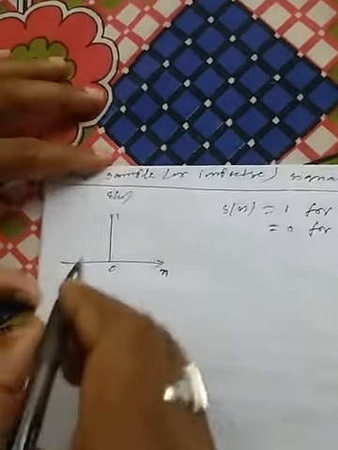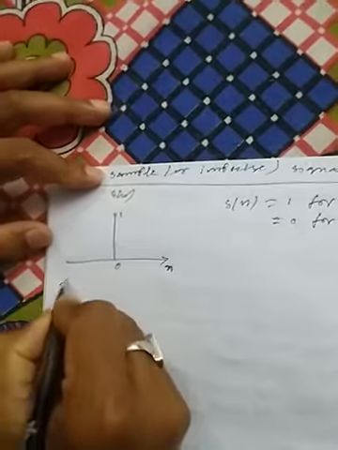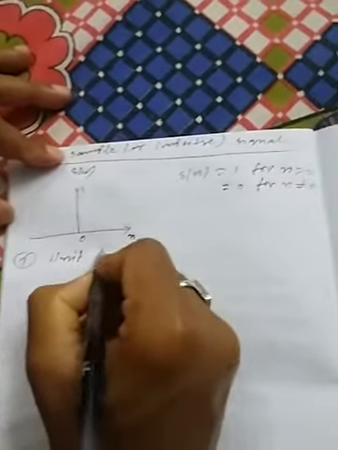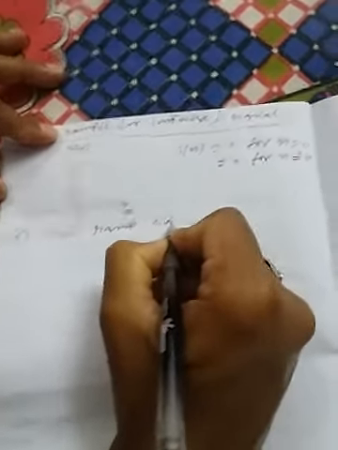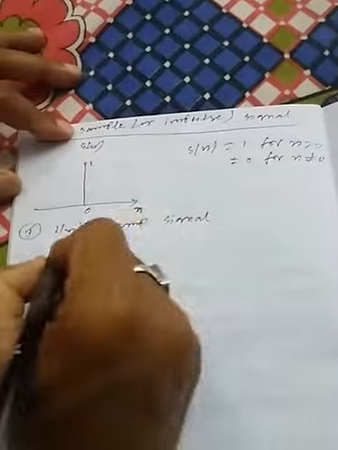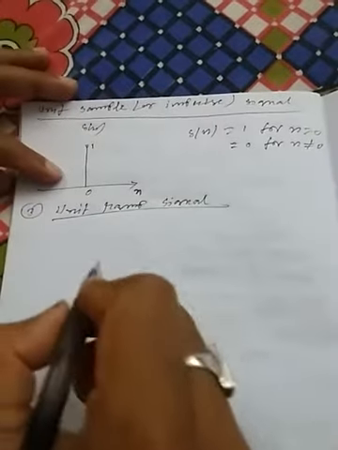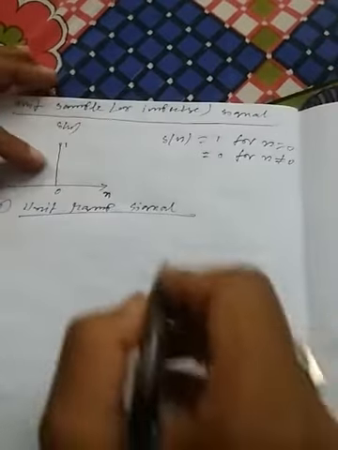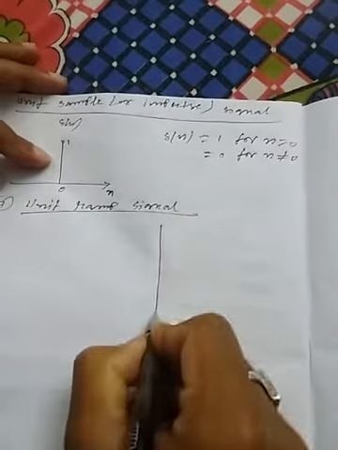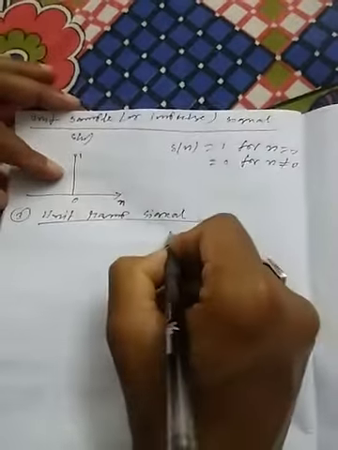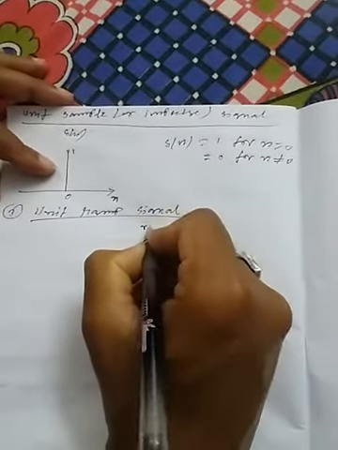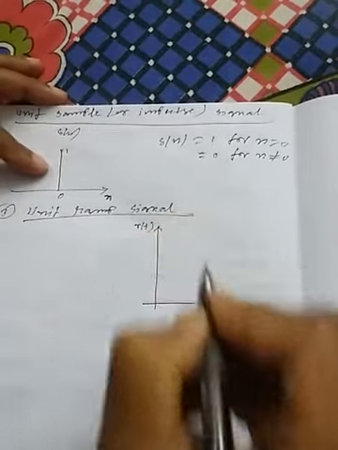Now number 3 is unit ramp signal. So the graph of unit ramp signal is this, this is the time axis, and unit ramp signal is defined by r of t, right?